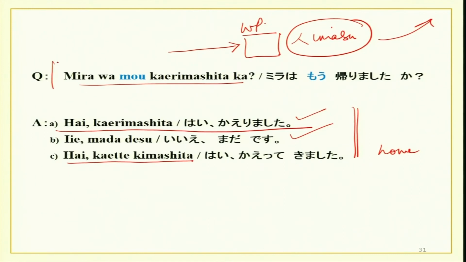So, this question is for both, but the answer shows where Mira is. Hai kaette kimashita, she has returned. Please see the difference, go over it again and again and you will understand. Visualize, put yourself in that position, ask the question and see how clear it is.